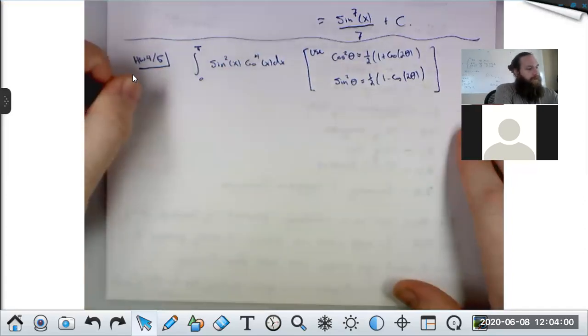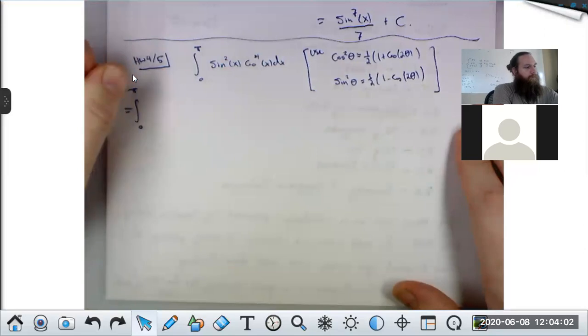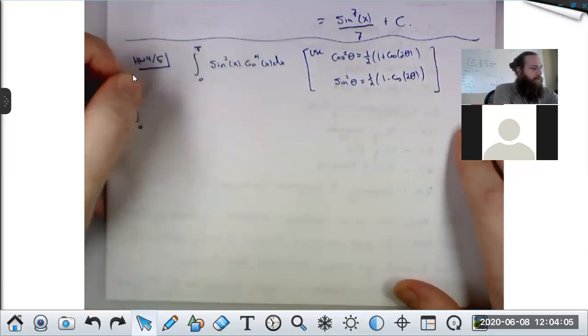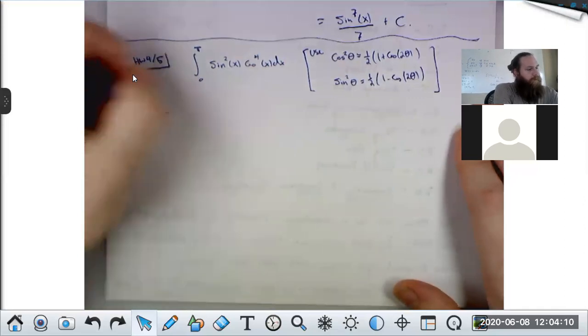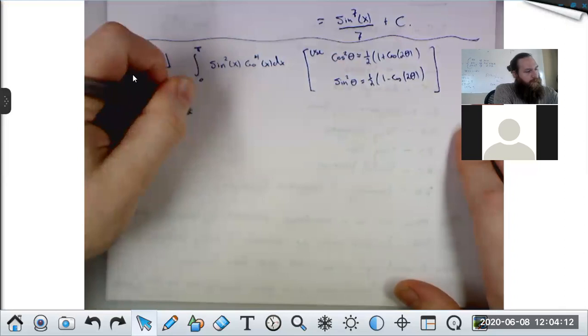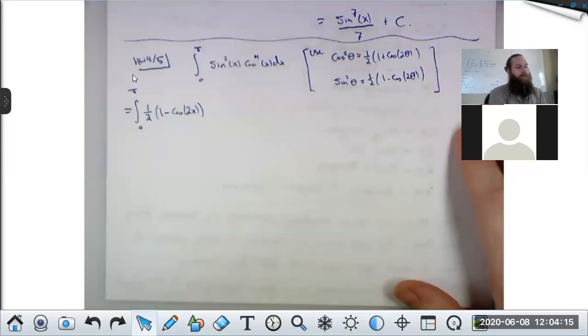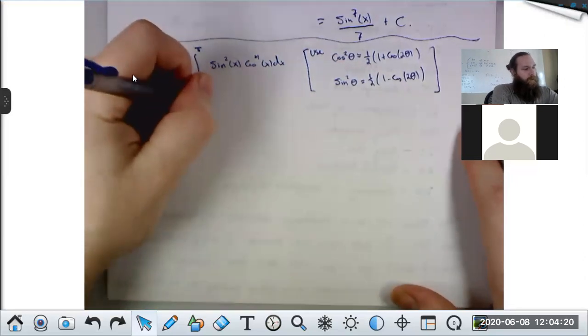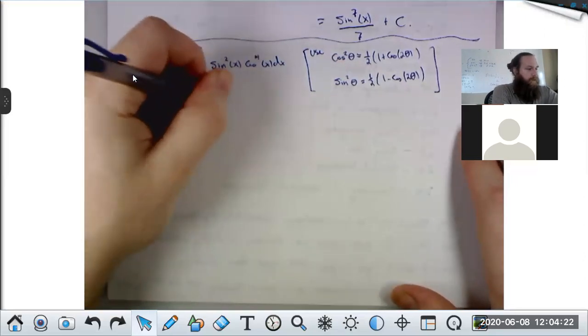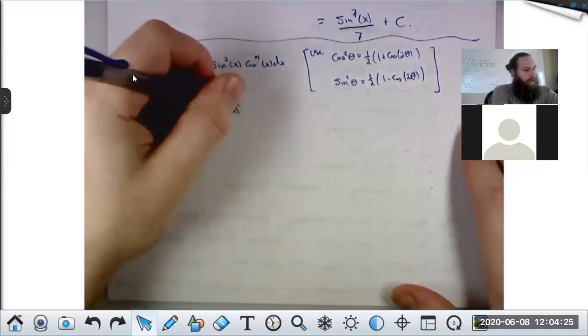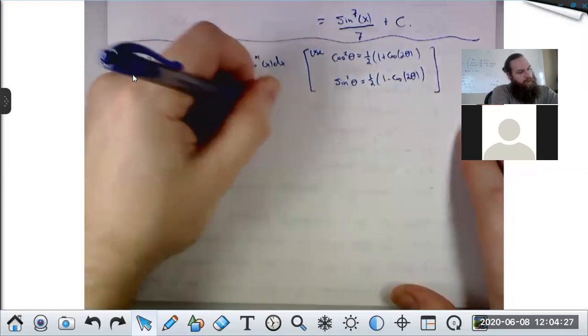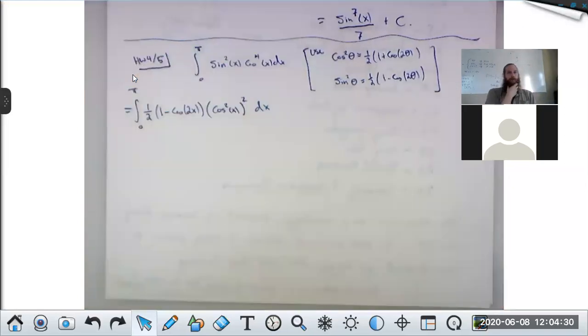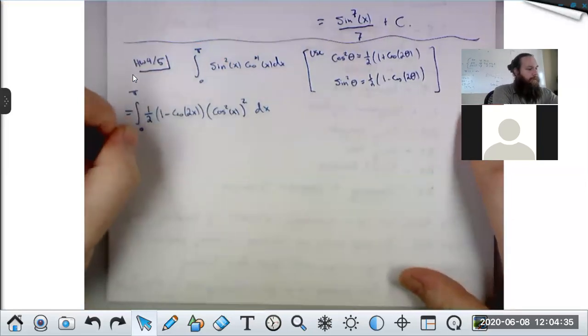So my integral is the same as the integral from 0 to pi. Sine squared of x is 1/2 times 1 minus cos of 2x. That's sine squared. Cos to the fourth is cos squared squared. So in this step, I'll just write it like that. I can pop out my 1/2.